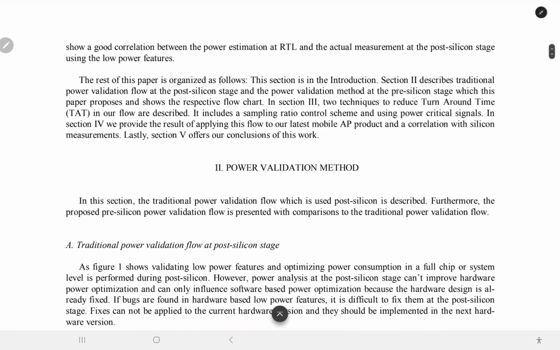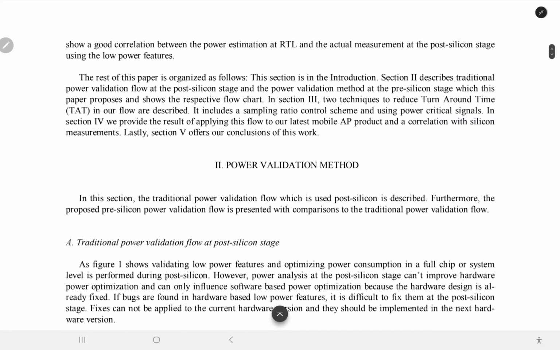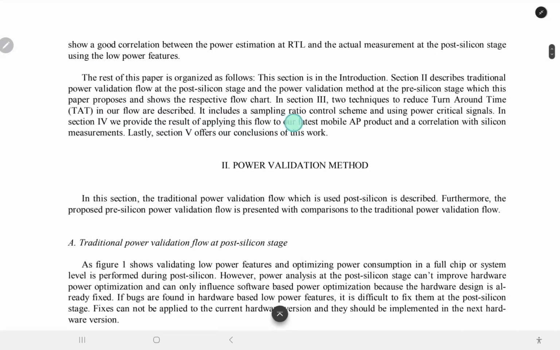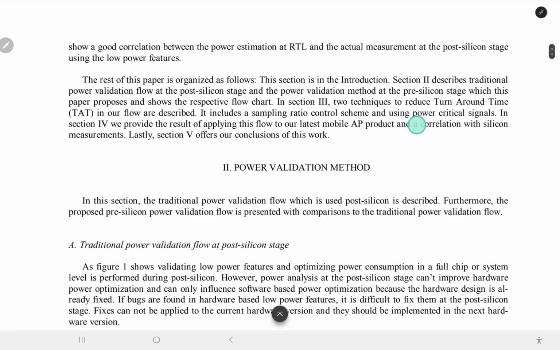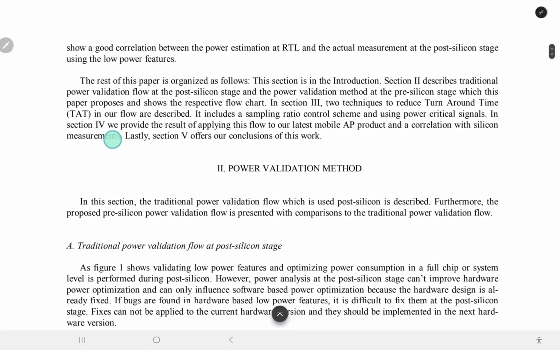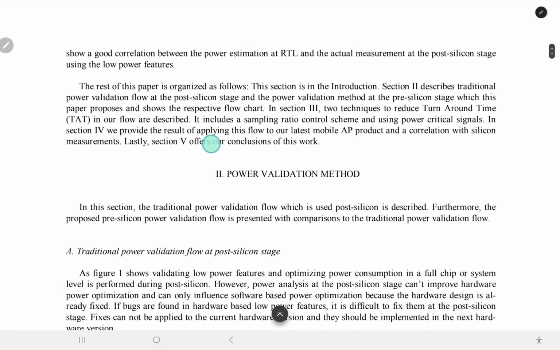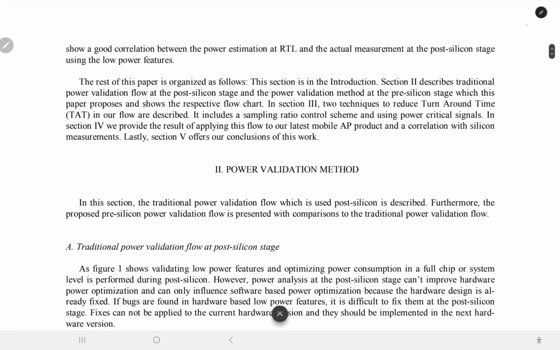They include sampling, a ratio control scheme, and using power critical signals. In section 4, we provide the result of applying this flow to our latest mobile AP product and a correlation with the silicon measurement. Lastly, section 5 offers our conclusion of this work.